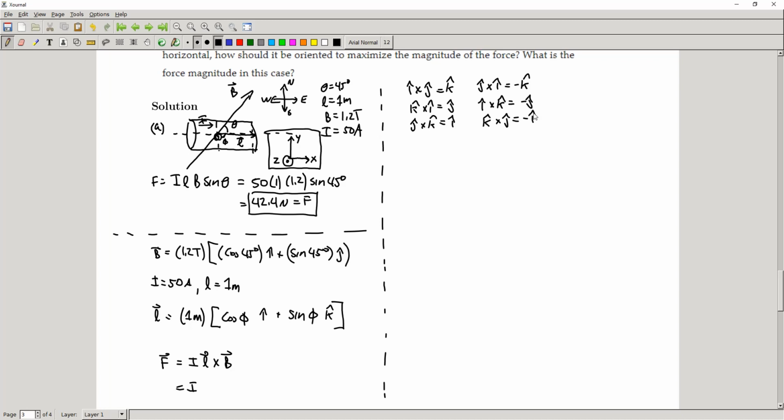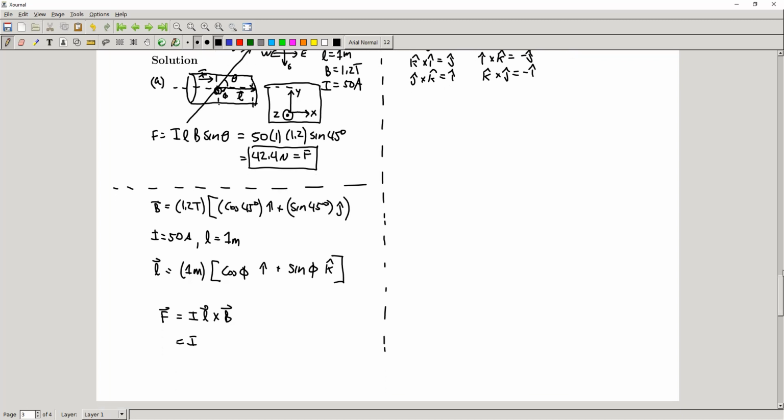So when we actually do this cross product, we're going to have a lot of terms that don't go to 0. We're going to be crossing L into B. So yeah, the cos phi and the cos 45 i hat are going to go to 0, and these are just root 2 over 2. Sine and cos of 45 degrees is just root 2 over 2. So you're going to end up with something that kind of looks like this.